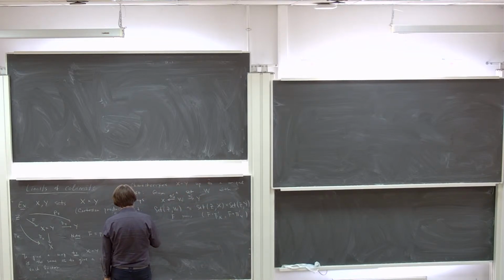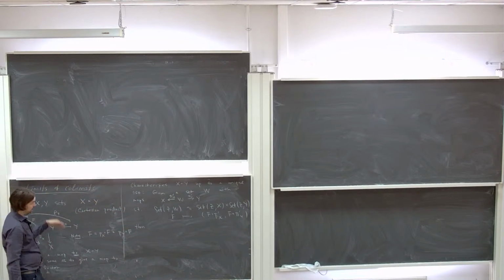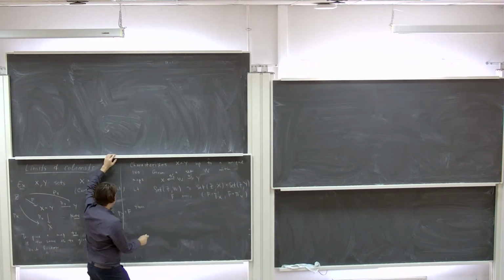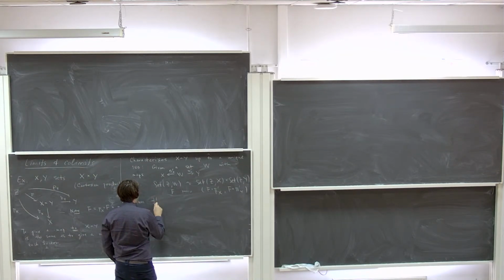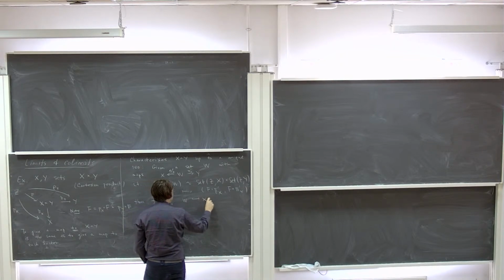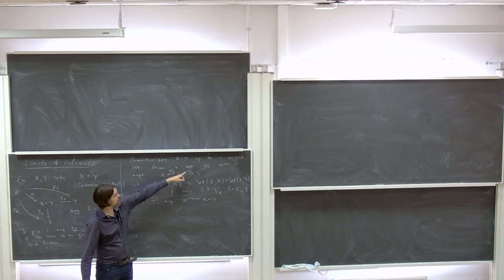So if W is a set with two maps like this satisfying this property so that I know how to map into it by just mapping into the components, then there's a unique map from W into the product. It's just given by these two maps.